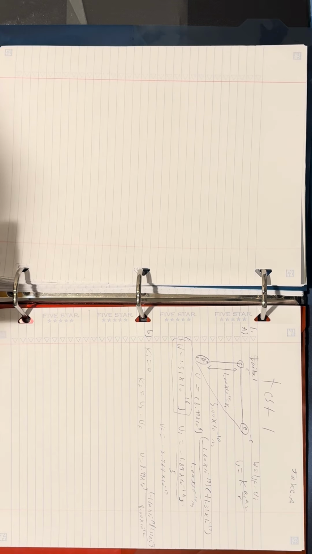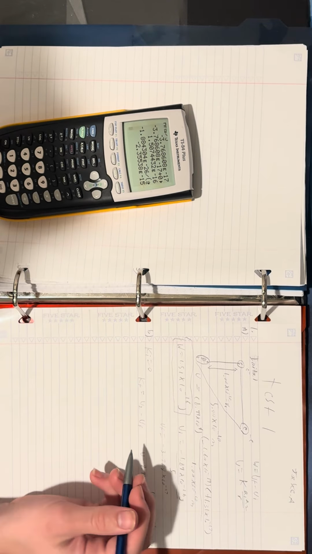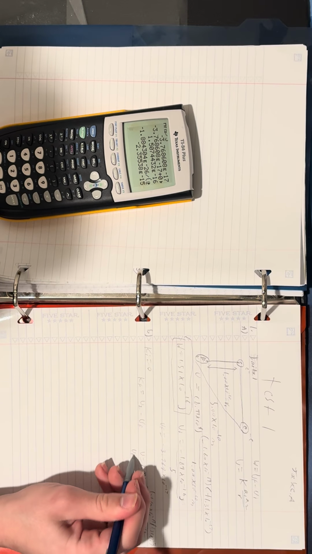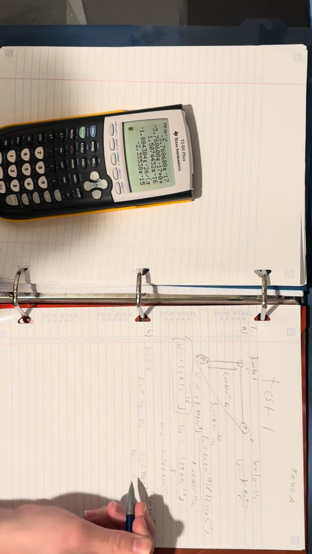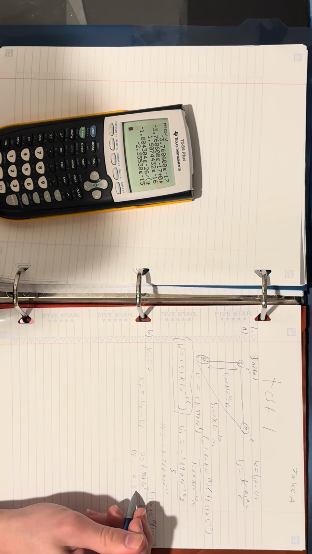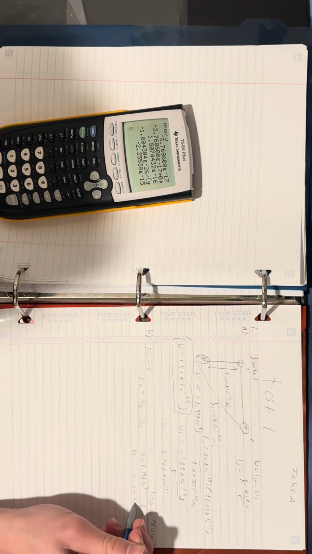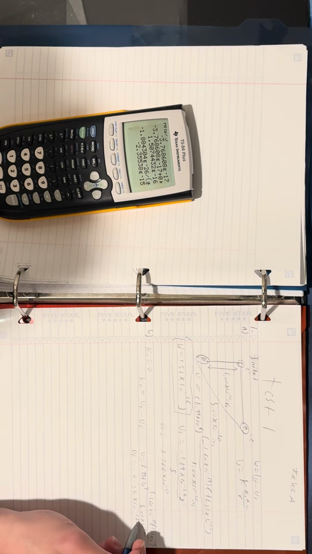Just divide that by. Which is going to give our final equals negative 2.36 times 10 to the negative 15.